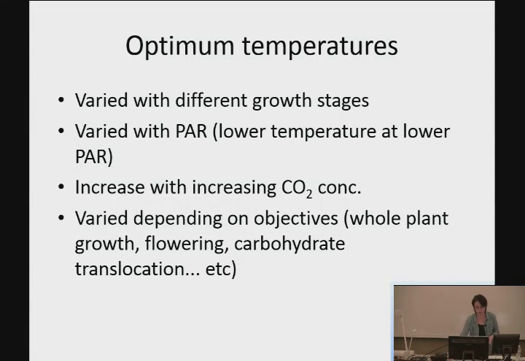So that's one way to exercise your understanding of temperature response regarding different pathways of plant physiology. And I'll explain this in a second. Also, if you're looking at flowering or at the ripeness of the fruit, the optimum temperatures are different.